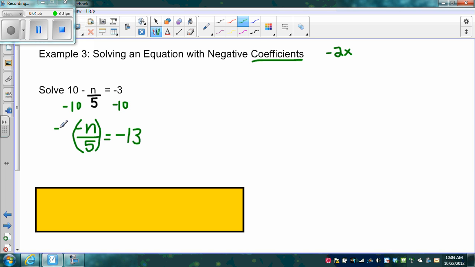So let's multiply by negative 5 on both sides, because in this case, it will cancel out including our negative sign here. So we'd end up with n equals negative 13 times negative 5, which is equal to 65.